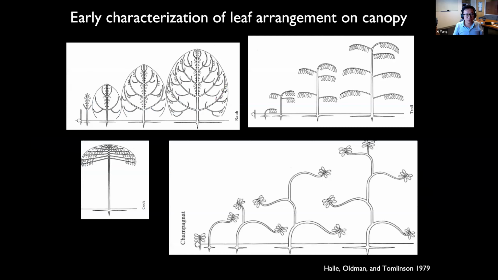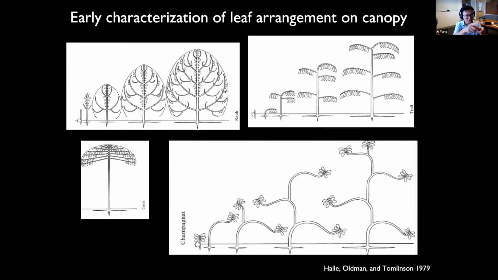So there are some early characterizations of leaf arrangements in canopies. This is from Halle, Oldeman, and Tomlinson from 1979. They documented over 20 to 30 tree structural models like this, shown in this slide. Mostly those are tropical plants.